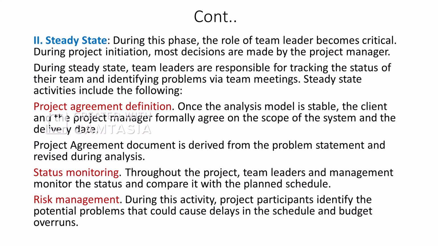Throughout the project, team leaders and management monitor the status and compare it with the planned schedules. Are we running according to plan, or are we delayed? This should be monitored. Another basic step in steady state is risk management. During this activity, project participants identify the potential problems that could cause delays in the schedule and budget overruns.